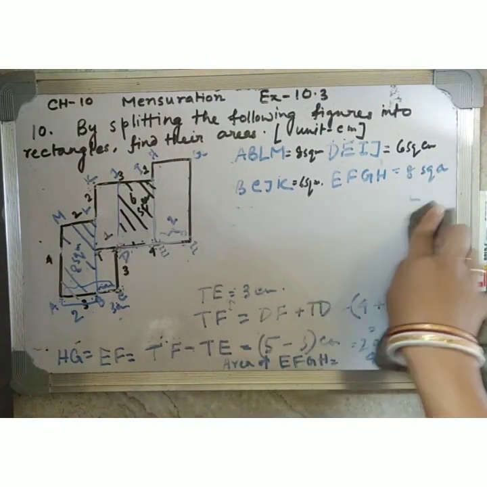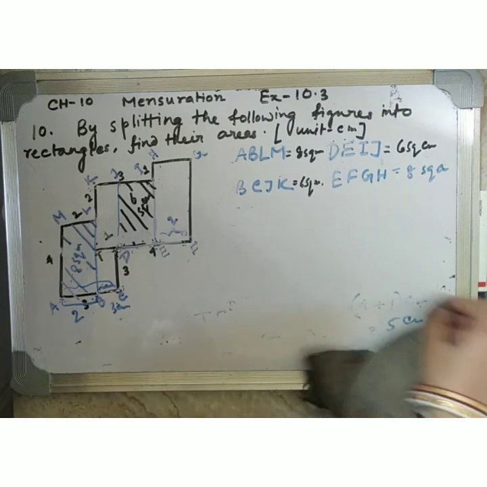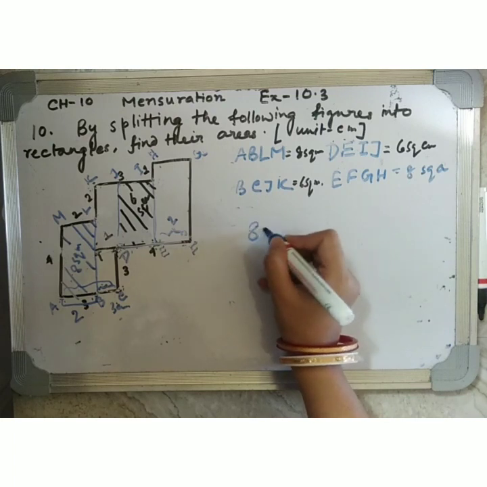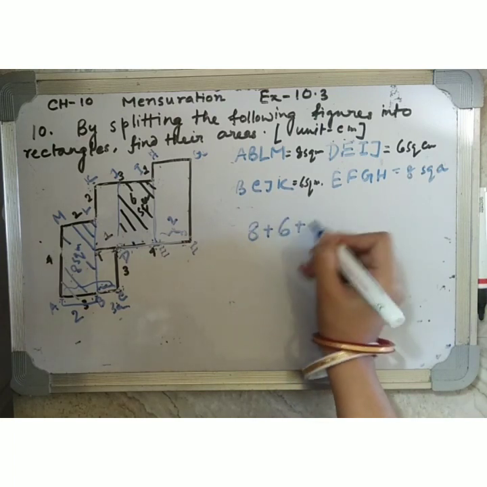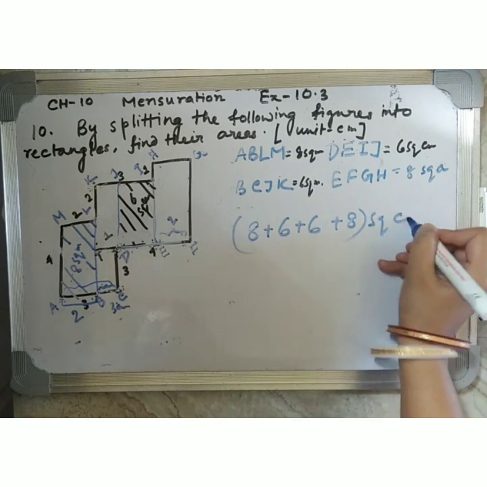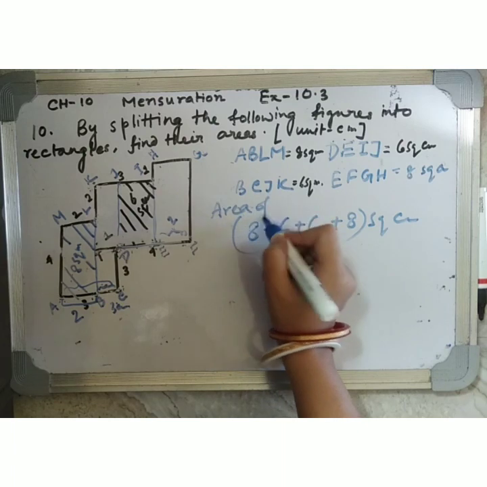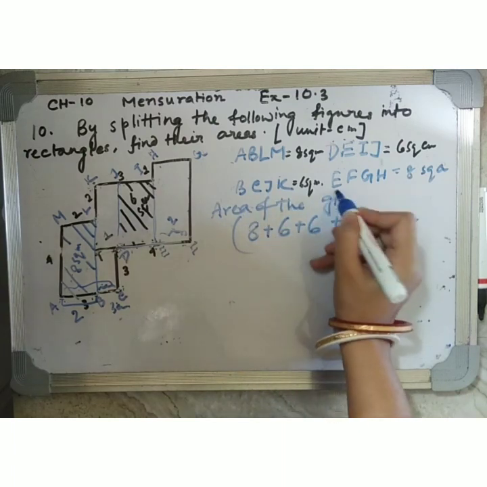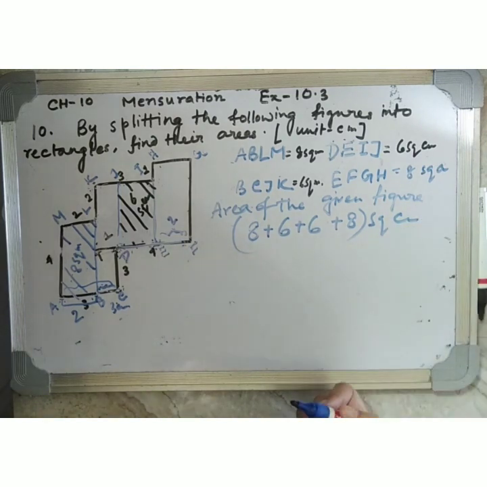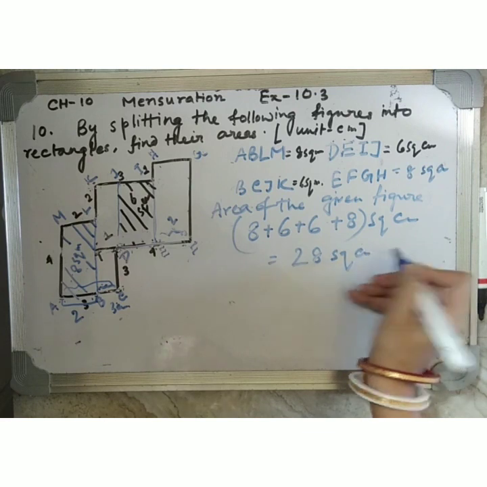We have to add the areas of all these rectangles, isn't it? So 8 plus 6 plus 6 plus 8 square centimeter. The area of the given figure will be 28 square centimeter.